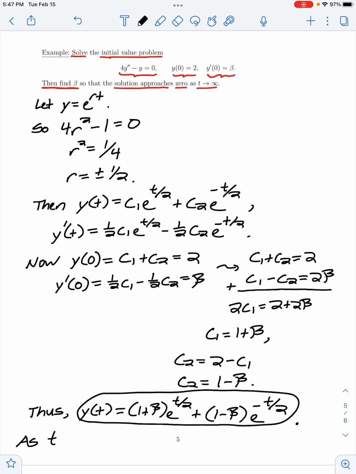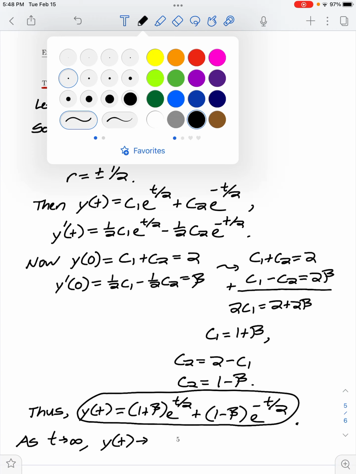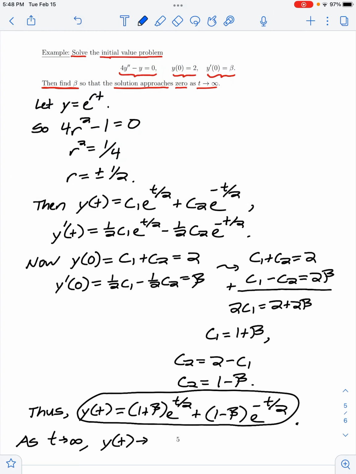Now here, as time t becomes infinitely large, our solution, y of t, is approaching, let's look at it term by term. We have 1 plus beta times e raised to a positive power.